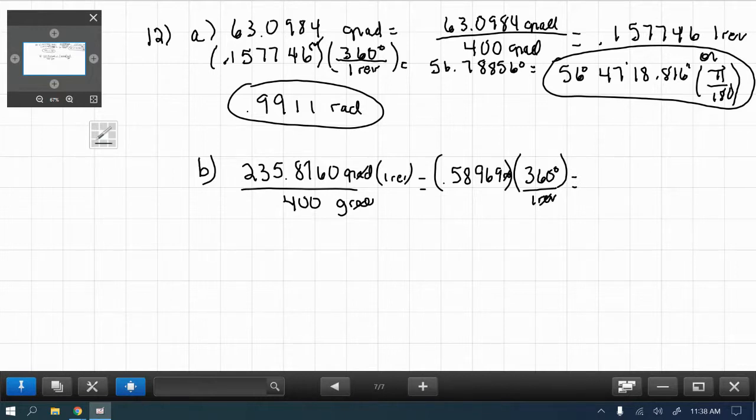So what's your answer in degrees, minutes, and seconds for B? It's 212 degrees, 17 minutes, and 18.24 seconds.